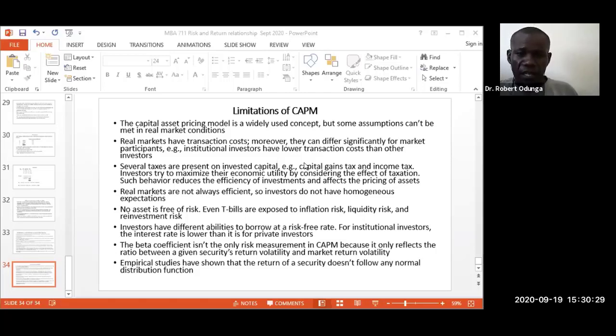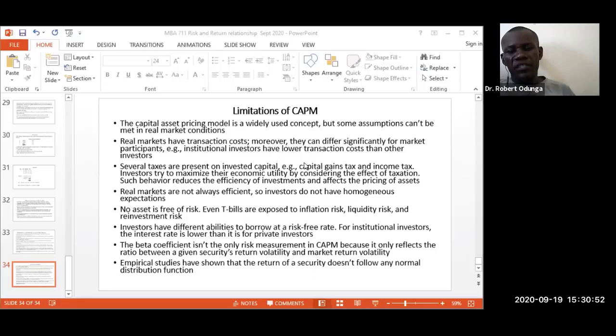Now, CAPM also has its limitations, and one of them is that it is a widely used concept, but some assumptions can't be met in real market conditions.